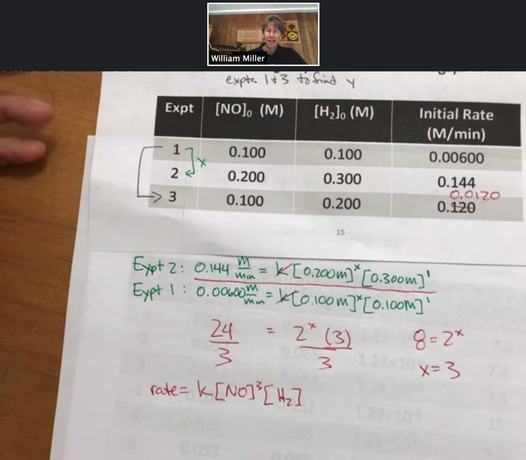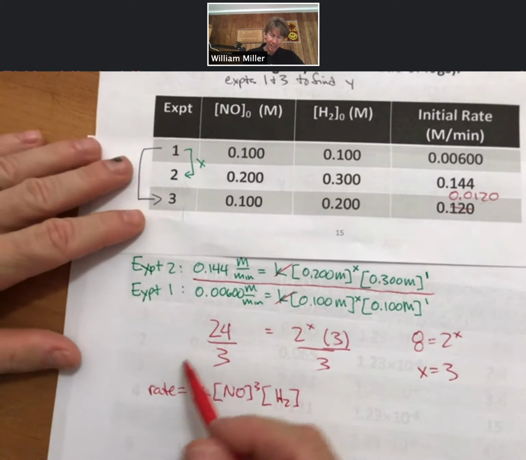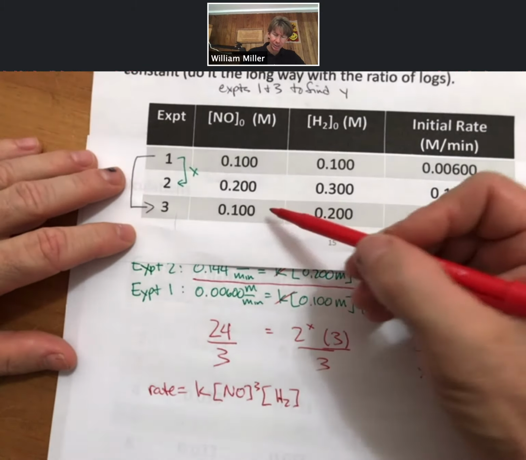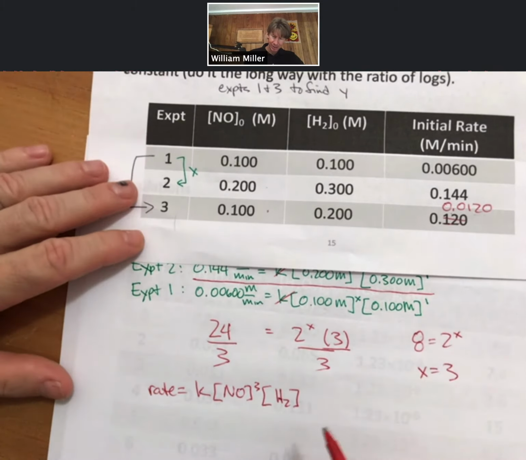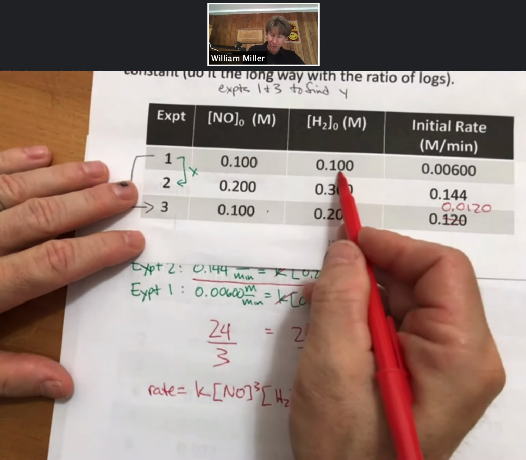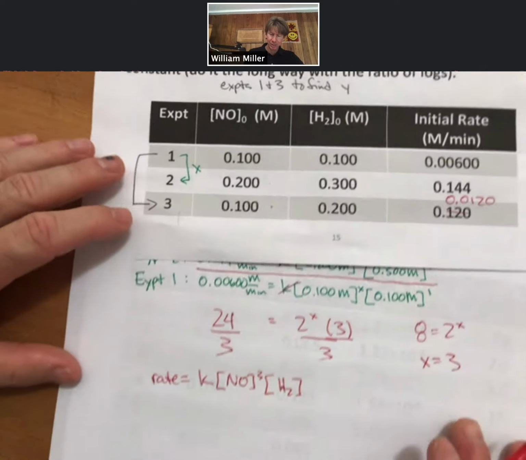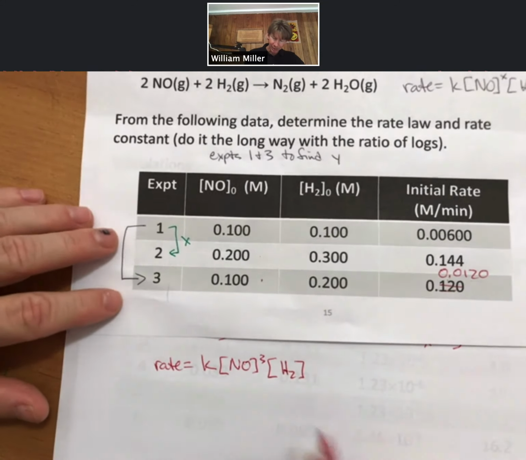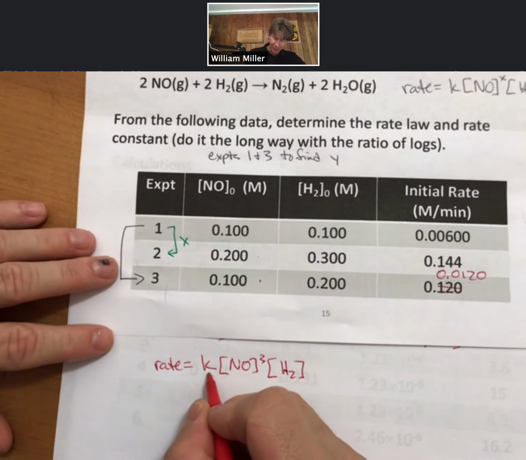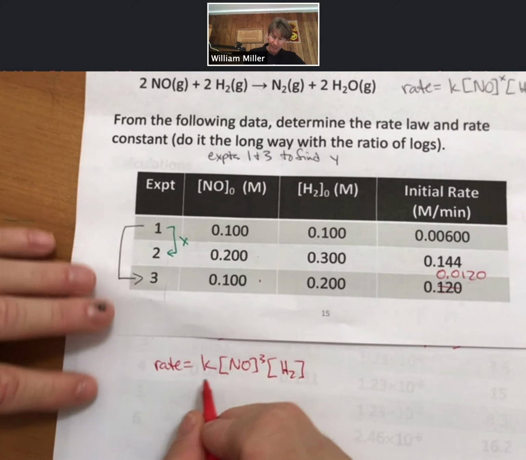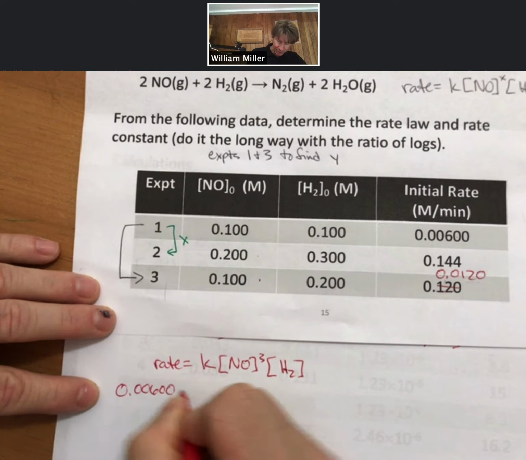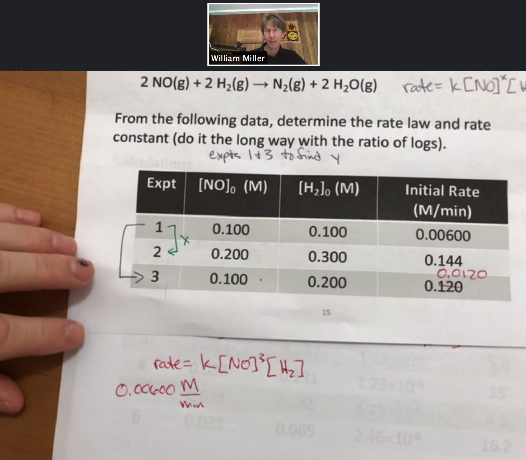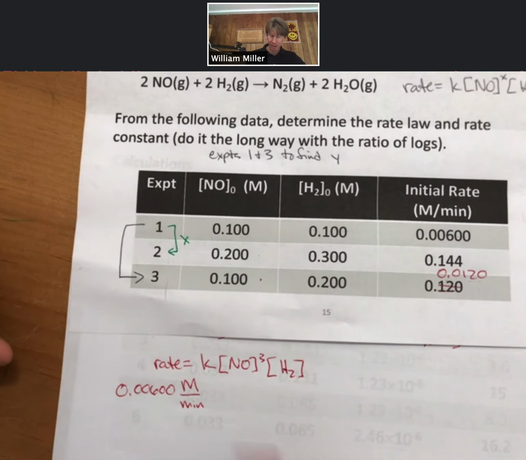And now let's find K. You can find K if you've done your work correctly using any of these, because K is a constant. So I like the numbers in the first one. They're 0.1s. Those are easy numbers for me. I'm going to plug in those numbers and solve for K. I get my rate, 0.00600, and here's where keeping your units is important, because I always care about the units of little k.